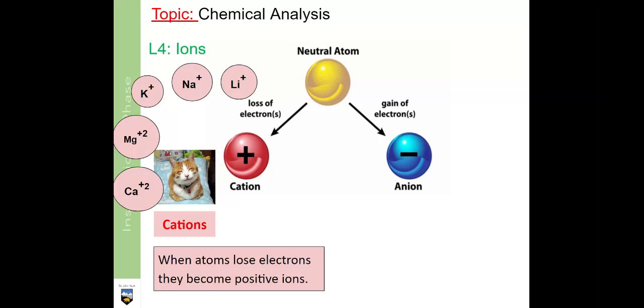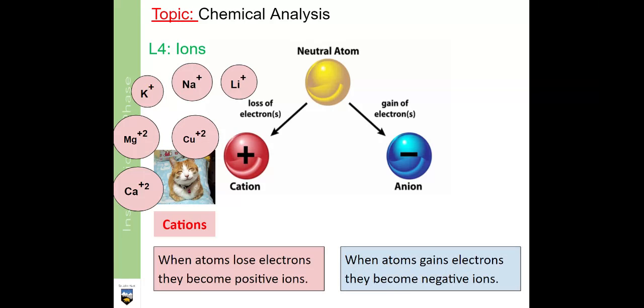Now, if an atom gains electrons, so an atom's neutral, if it gains negative electrons, the particle becomes more negative. So a negative ion, an anion, has gained electrons. Now, if you remember, negative ions, anions, are always non-metals.